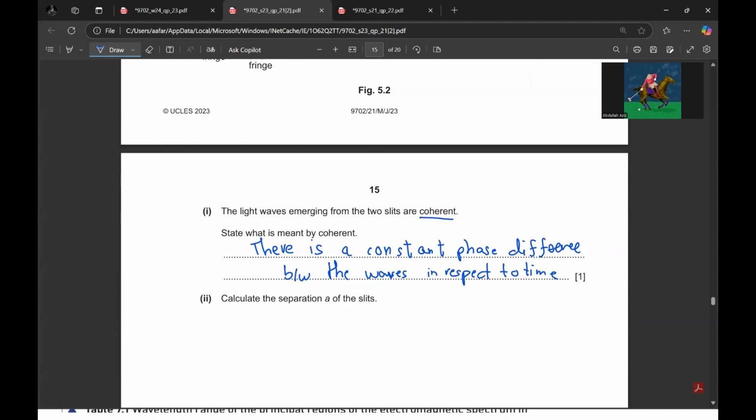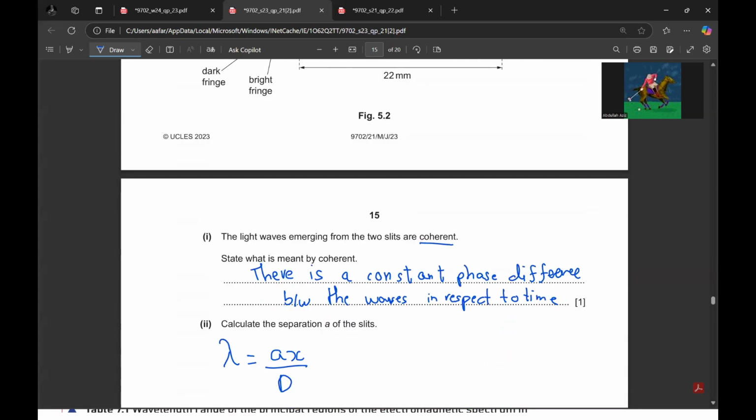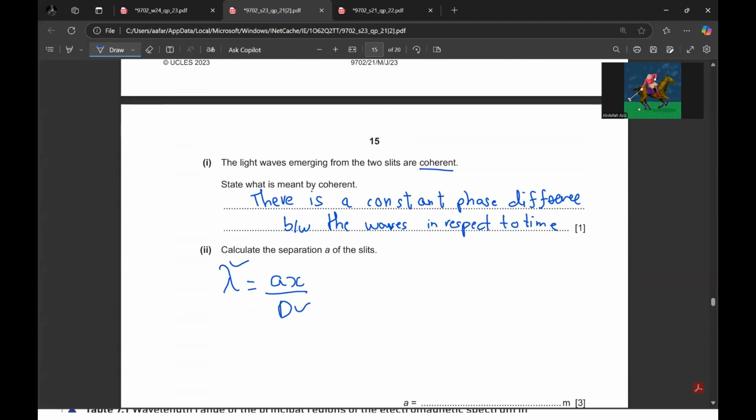Calculate the separation of the slits. Basically, you need to know the formula, which is lambda is equal to ax over d. We have lambda and we have d, and we also have x. So we know that a is equal to lambda d over x.